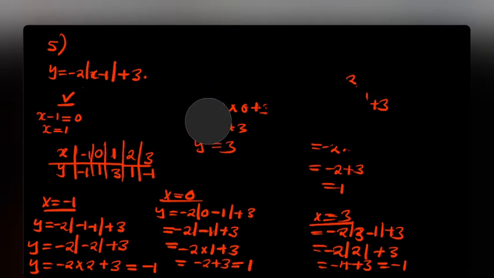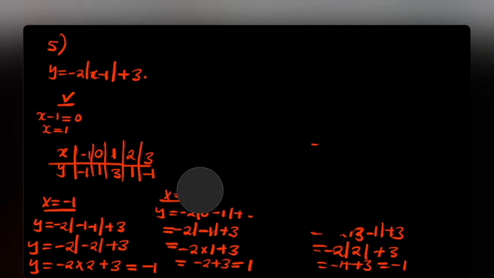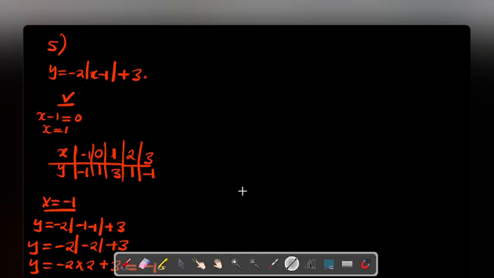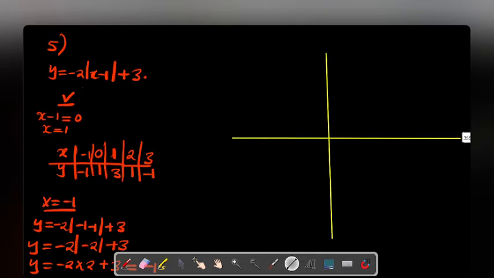So now let's sketch our graph. So to sketch our graph, let me do this. Yeah, so this is our graph. Okay, so this is our graph that we have.